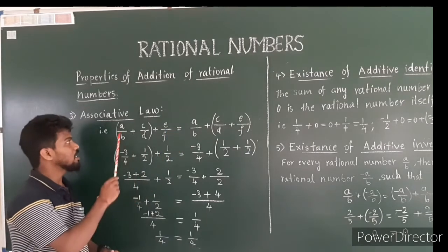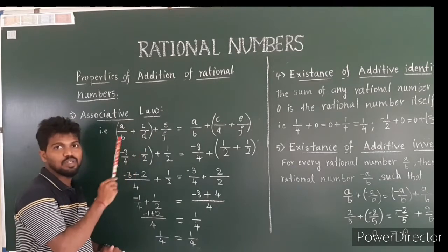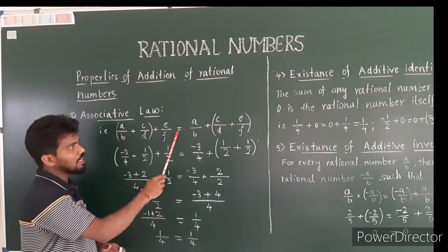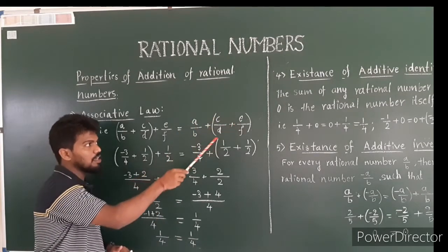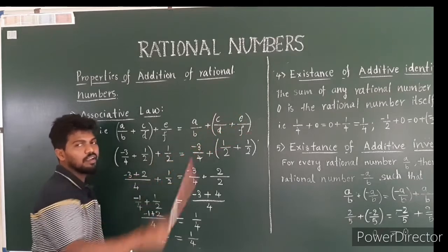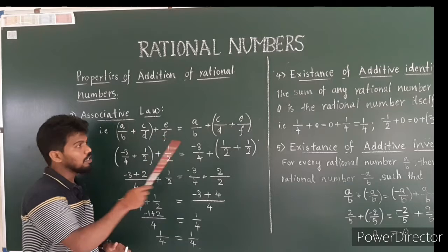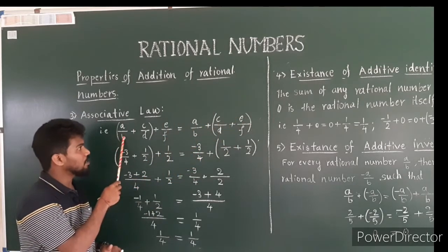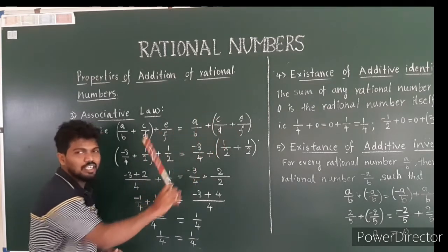So A by B plus C by D, I grouped these two numbers here, and outside you have E by F. And here, A by B plus C by D plus E by F, I grouped the first two terms in one case, and in the other I grouped the last two terms, but the first one only, second one, third one itself.